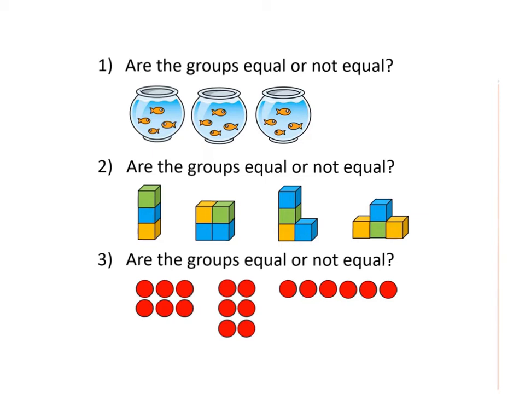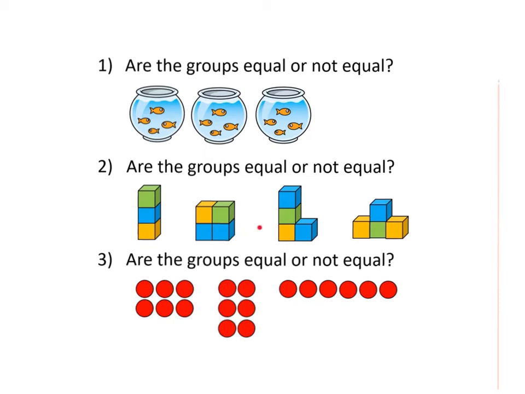Right, question 1. There are 3 bowls of fish. Each bowl has 4 fish, so the bowls are equal. Question 2. Look carefully at this one because we have sets of blocks.